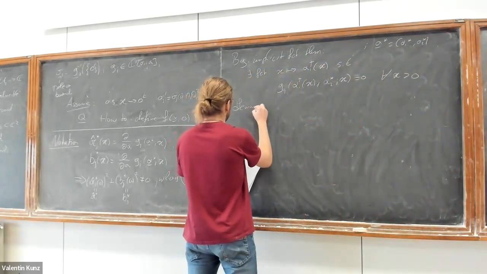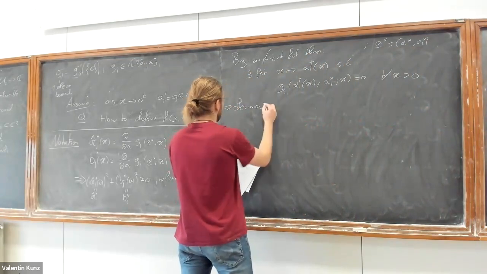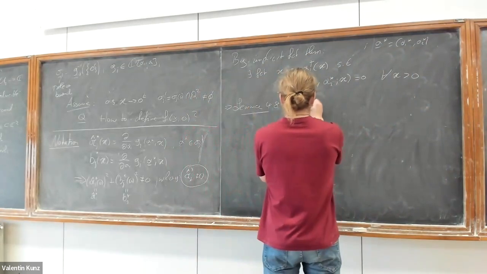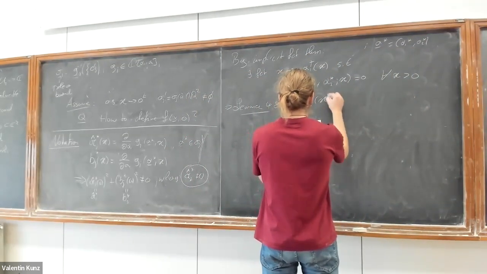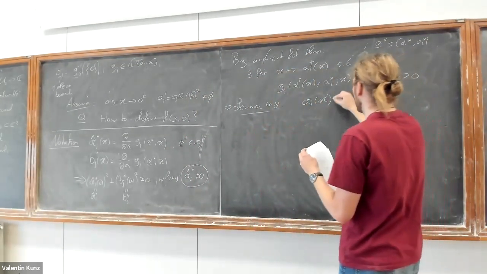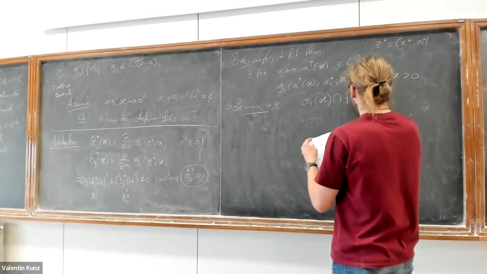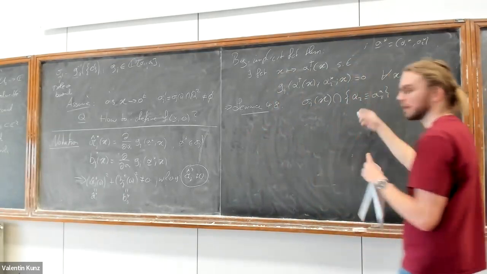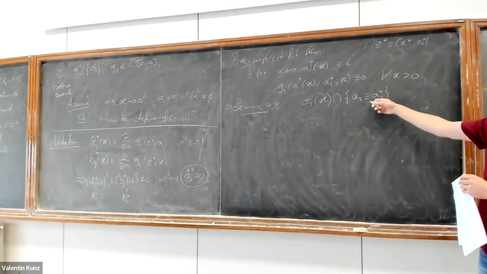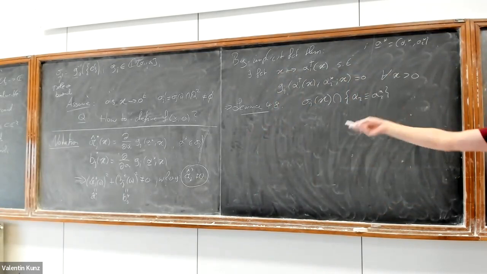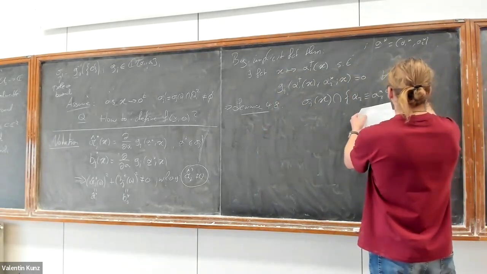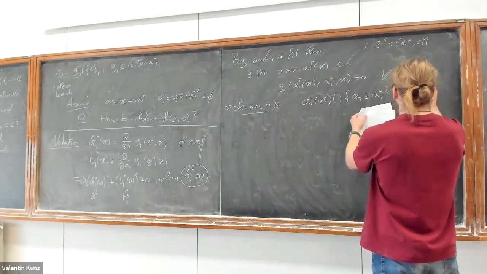So therefore, lemma: the intersection of our singularity set with this alpha 2 plane, right? You look at the alpha 2 plane that goes through the singular point that we are considering, is equal to a point.